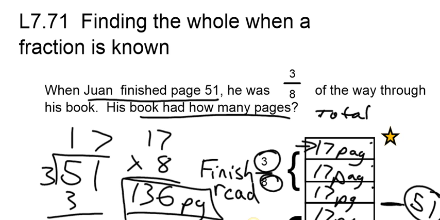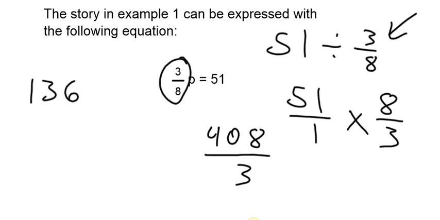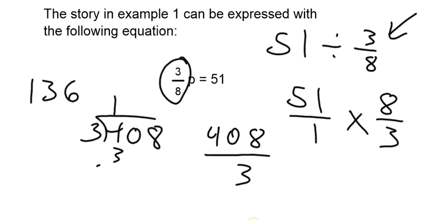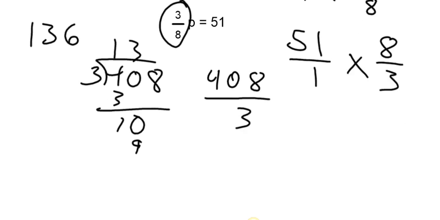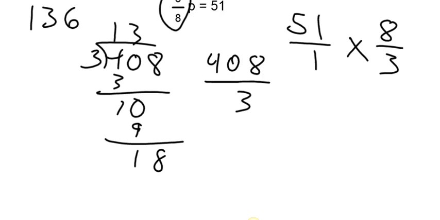How do I know that? Because that's what we got last time. But just to prove it, if you don't believe me, 408 divided by 3 goes in 1 time, 3, 1, 0, goes in 3 times, that's a 9. Moving down, 1, 8, 3 goes into 18, 6 times.